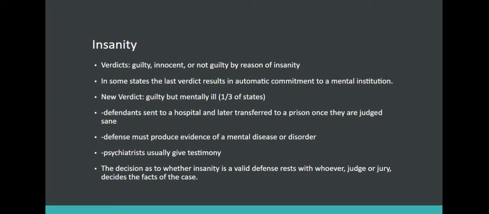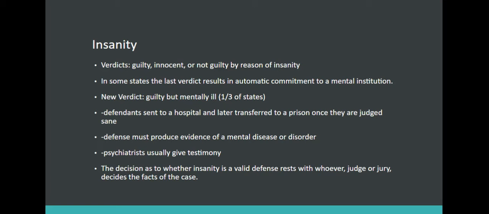And then argued successfully that the knowledge of his wife's affair with the man drove him to kill him, and he had no idea what he was doing at the time.